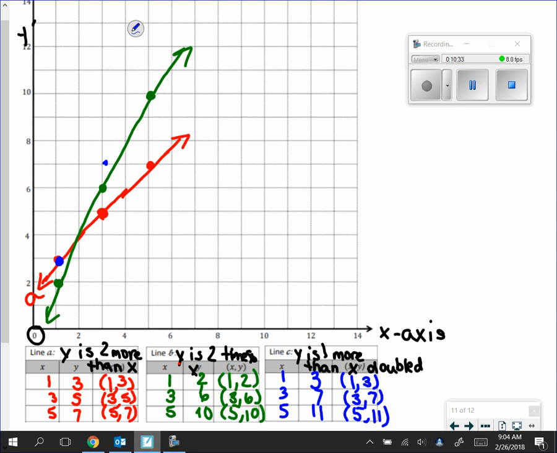Oh, hello. 3, 7. Good grief. 5. Thank goodness for erasers, right? There you go.